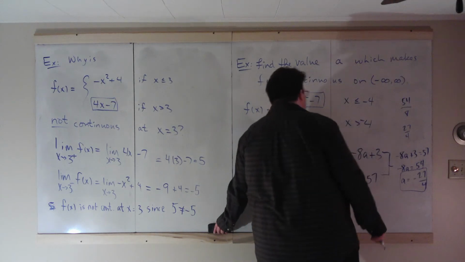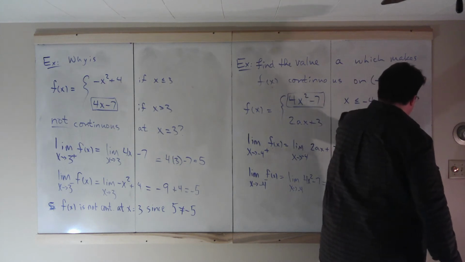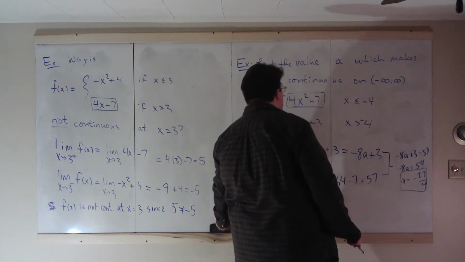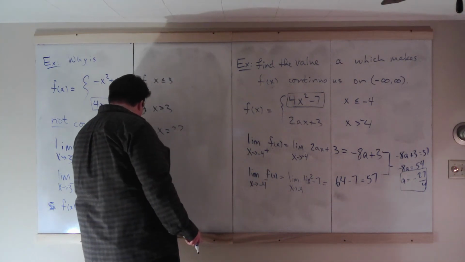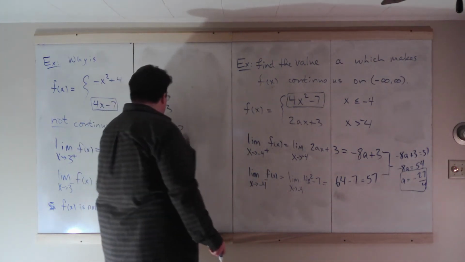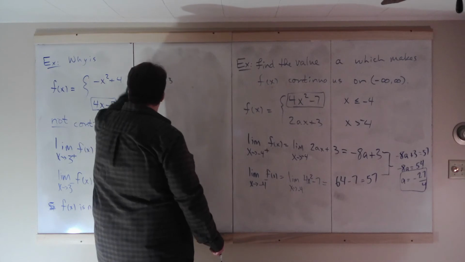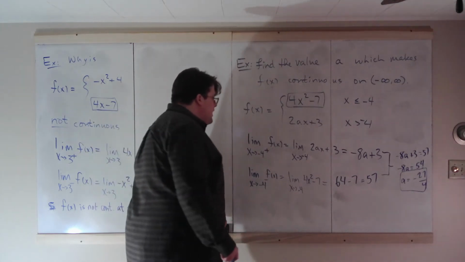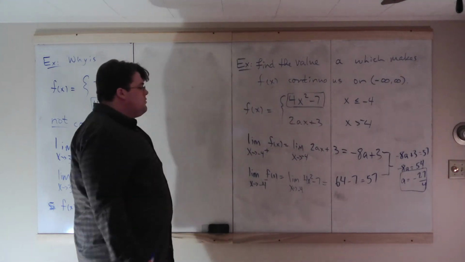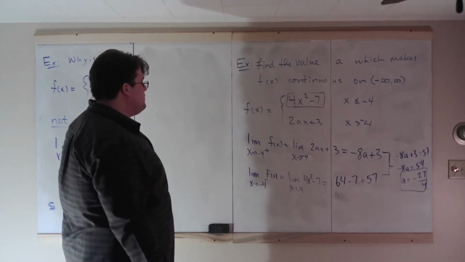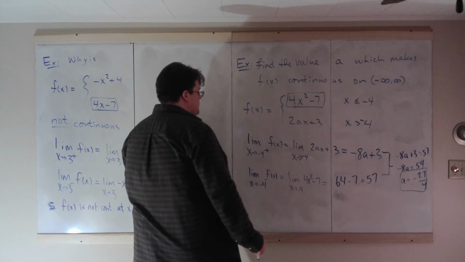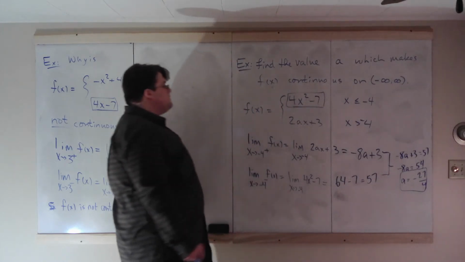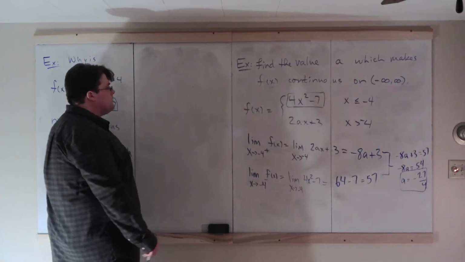So once we get there, let's go back and make sure we answered the question that was being asked. This question says, find the value a which makes it continuous on negative infinity to positive infinity. Well, we claim that this works, but all we showed here was that this function is continuous at negative 4 when a equals negative 27 fourths. So we should really answer the question that's being asked.